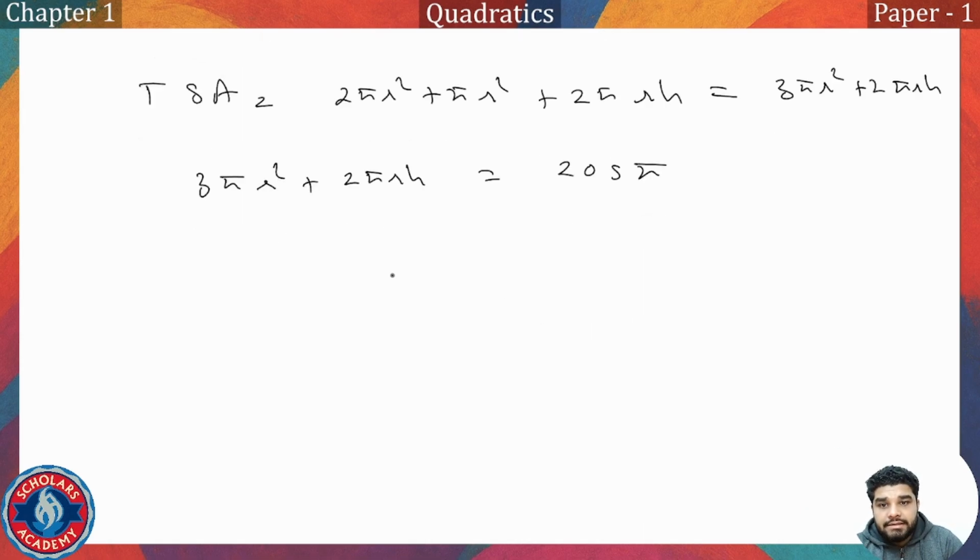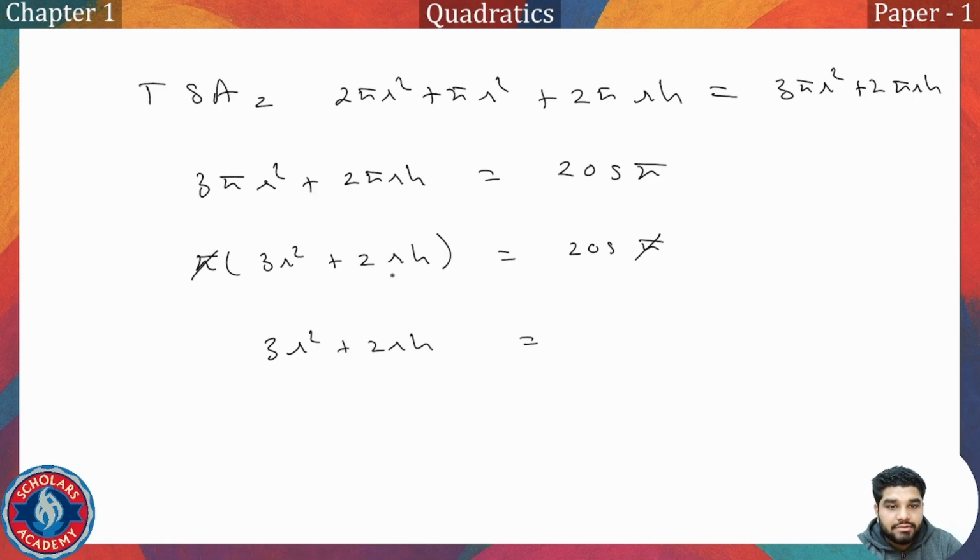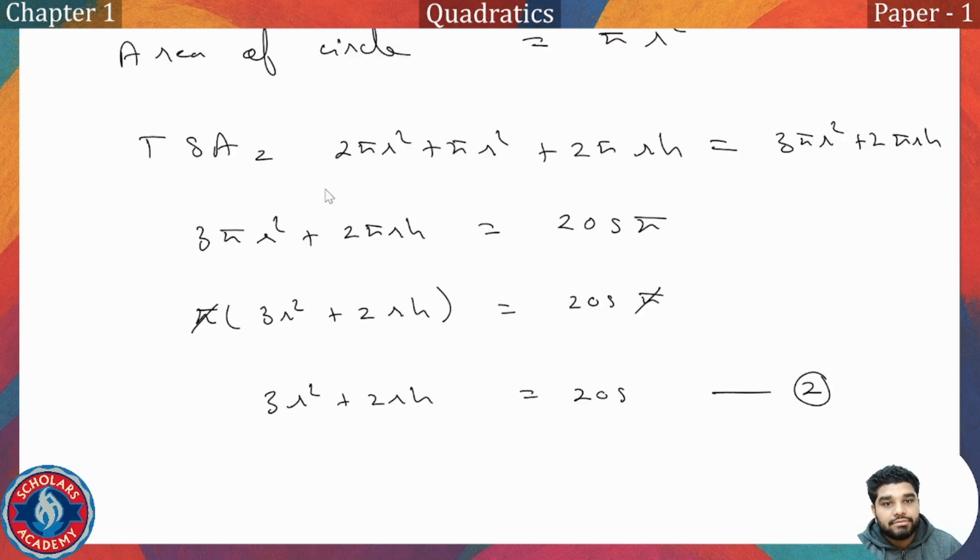We can take pi common, we get 3r square plus 2rh is equal to 205 pi. We can cancel these pi out. We get 3r square plus 2rh is equal to 205. This we can mark as equation number 2.